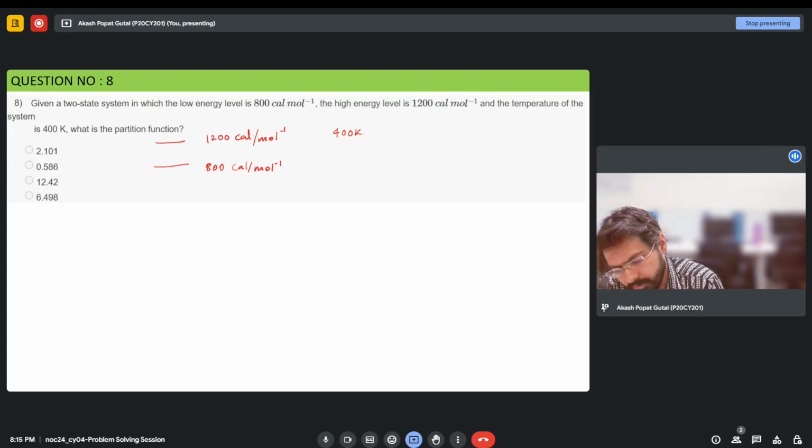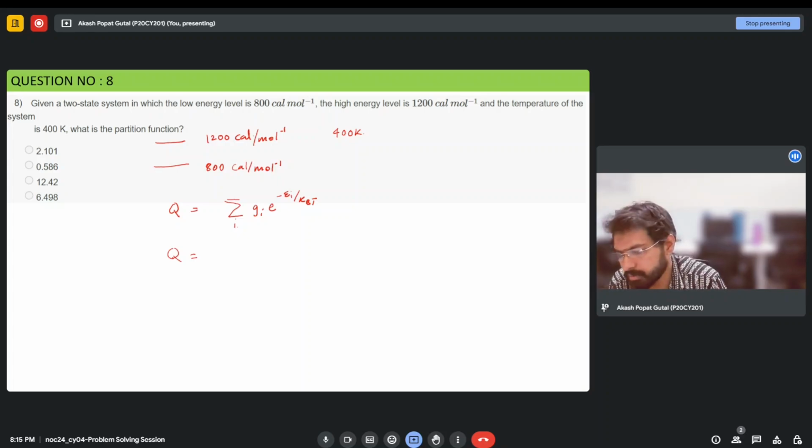The formula for the partition function is the summation over i of g_i e raised to minus epsilon_i by kBT. So we can calculate it.